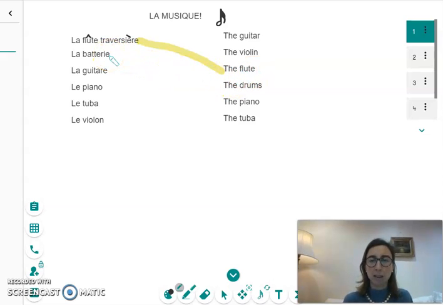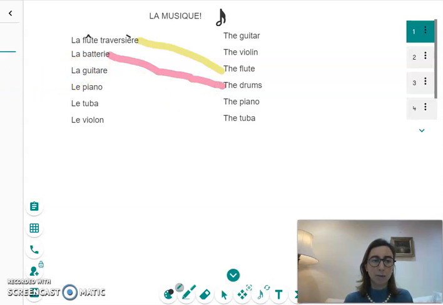Do you really think it could be the guitar? Maybe not, so that's one to count out. Could it be the piano? No, we're going to count that one out. The tuba? No. So then we've only got the violin and the drums. And so la batterie is, and we're going to choose a different colour now, the drums.